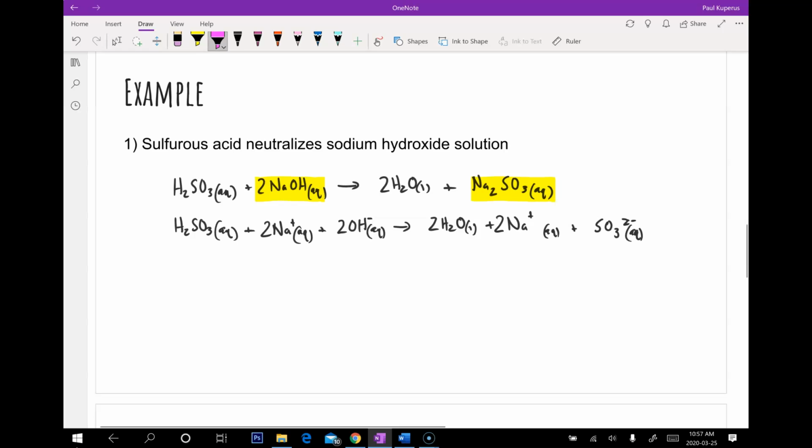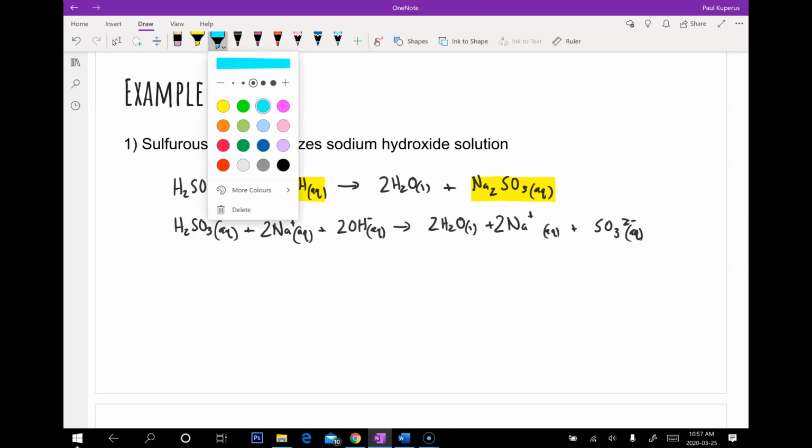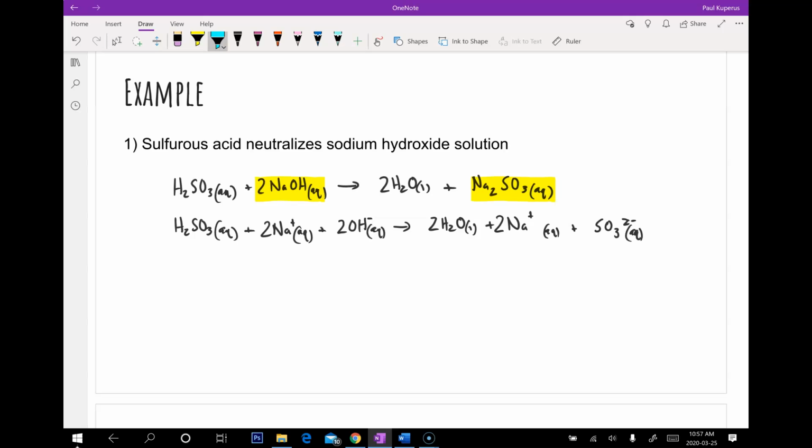Now we have to check our total ionic equation for spectators. What is the exact same on both sides? The only thing we can see here is we have 2 sodium ions on the left and the right side of the equation. So those are my spectator ions. I will get rid of those and rewrite the equation. H2SO3 aqueous reacts with really the 2 hydroxide ions.